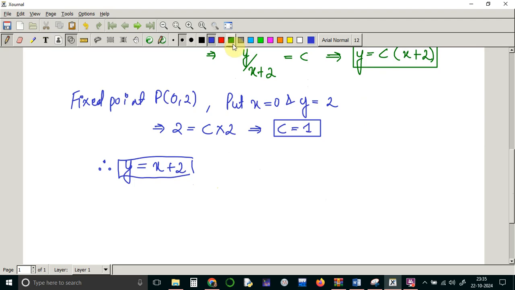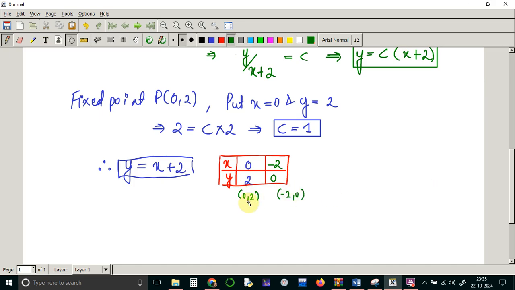And remember that we have to plot this line also. So in order to plot, let's have a few points which satisfy this equation, x and y. So when x is 0, y is 2, and when y is 0, x is minus 2. So the first point is (0, 2) and the second point is this.